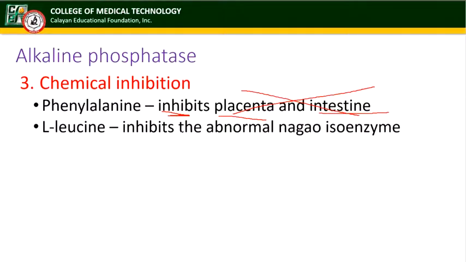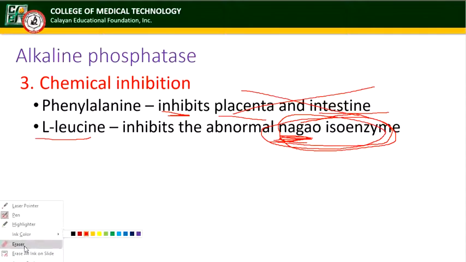Next is the leucine. So, kapag mataas ang ating ALP, naglagay tayong leucine, it will affect nagaw isoenzyme. So, kapag may nagaw, naglagay kang leucine, nawala or bumaba yung alkaline phosphatase, so malamang nagaw variant yung available doon.